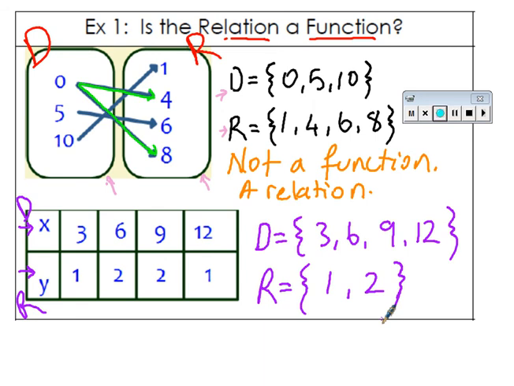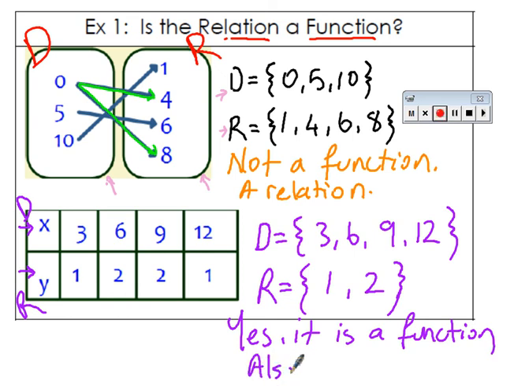It looks like our x values are paired up with y values, but none of the x values are trying to be paired with two different y values. So this is a function. Yes, it is a function. Is it a relation? Yes, also a relation.